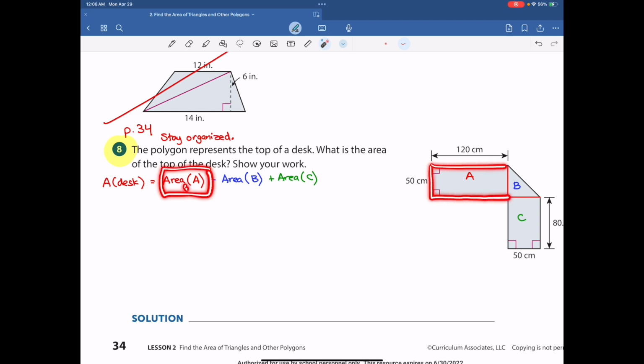So I know that this is just a rectangle, and to find the area, we can just do base times height or length times width if you choose. We'll go ahead and use base times height for this one. But we're going to have multiple bases and multiple heights for this problem. So instead of just calling it base and height, I'll call it base 1 and height 1.